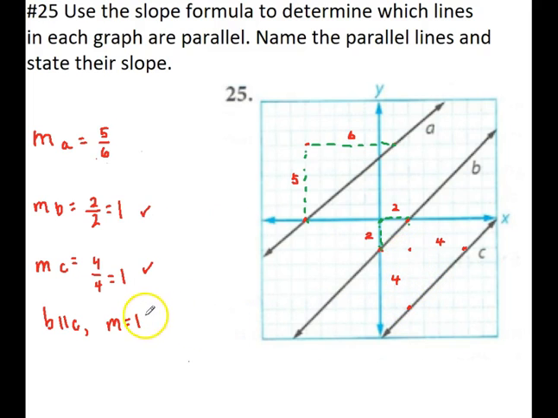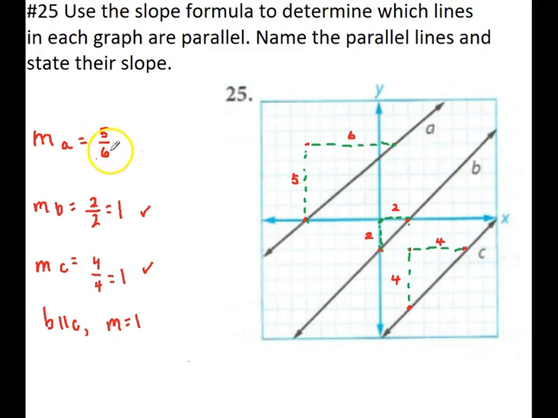And for line C, I picked 2 convenient points. Here is our angle. From left to right, we have 4 spaces, and we have a rise of 4 spaces also. So 4 divided by 4 equals 1.